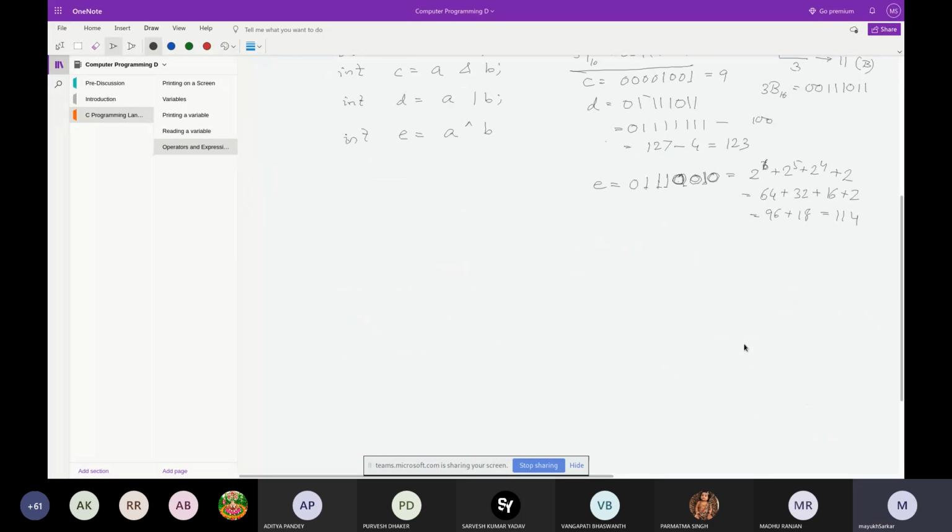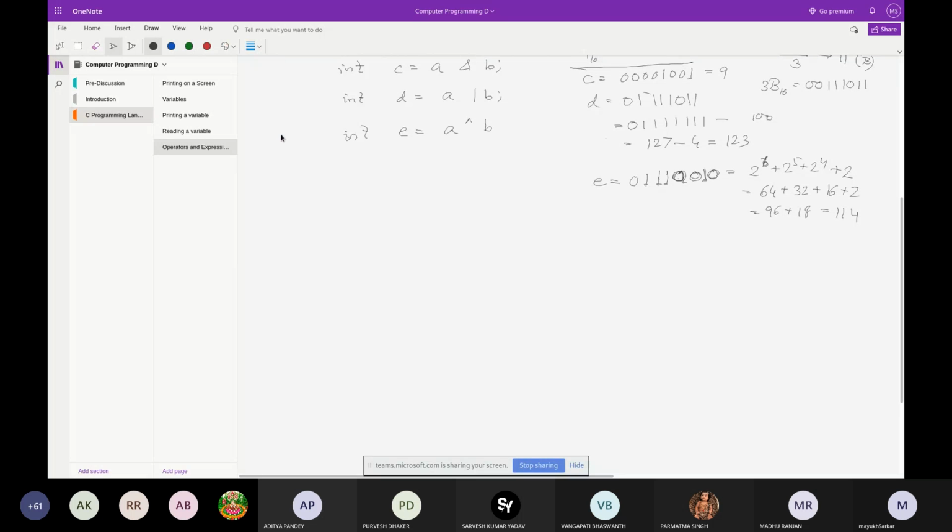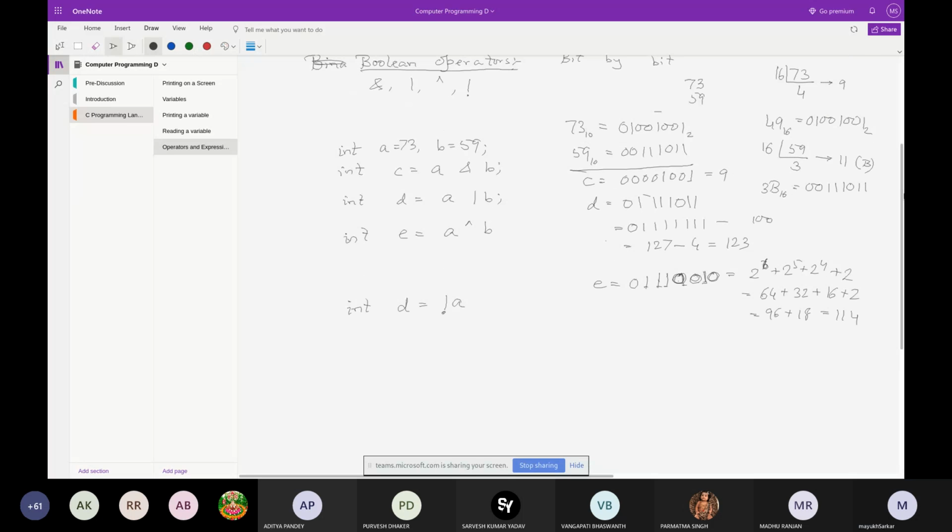Now, similarly, if you write int d as NOT of a, this is again a binary NOT, and we have seen a is already 0 1 0 0 1 0 0 1 in binary.